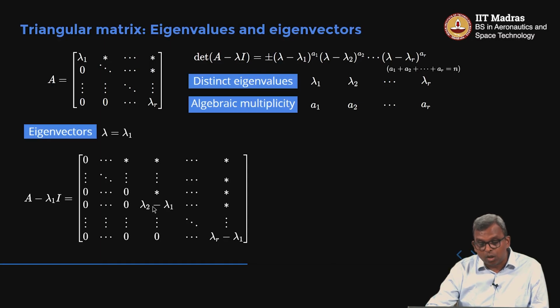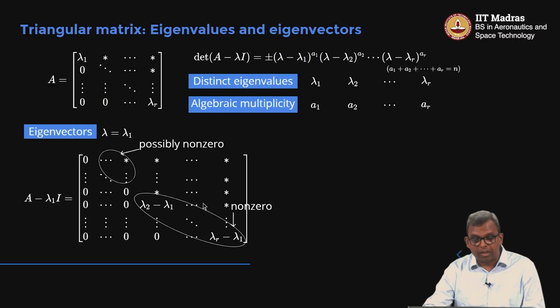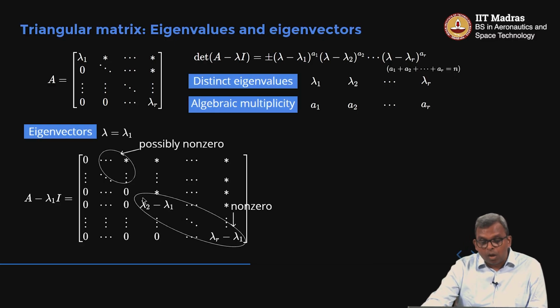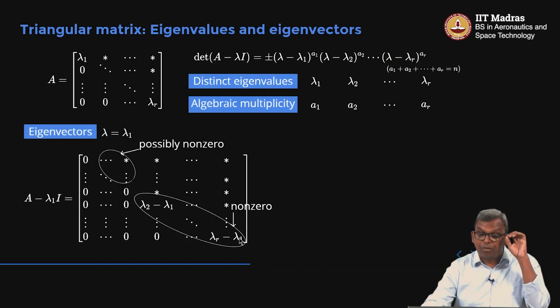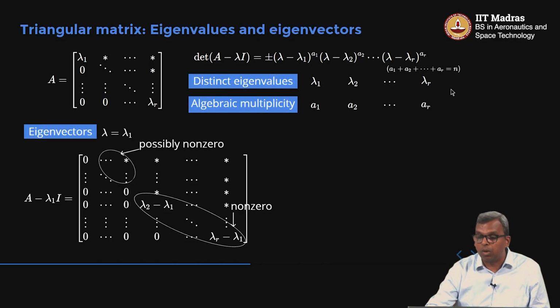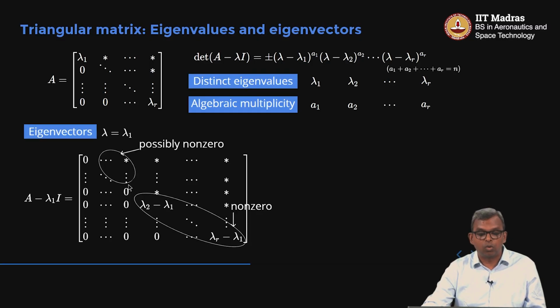Likewise, these guys are non-zero, but there are values above them also. So this is a little confusing, let us look at it closely. On the diagonals, lambda 2 minus lambda 1 to lambda r minus lambda 1 are definitely non-zero, because lambda 1 to lambda r are distinct values. The first A1 diagonal values are 0, but above those diagonal values you may have non-zero values. So I do not know how this is going to work.